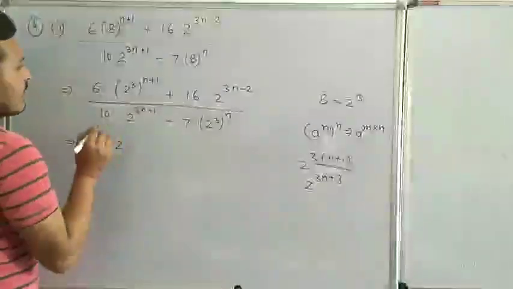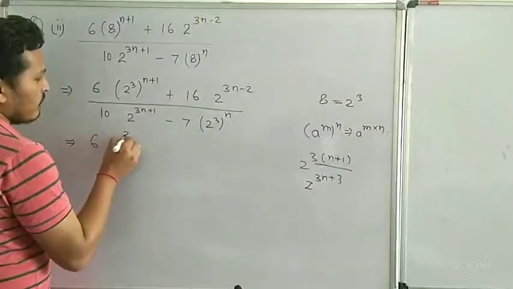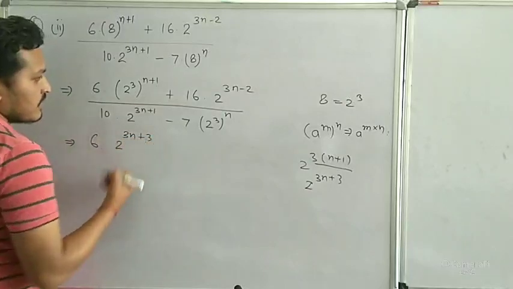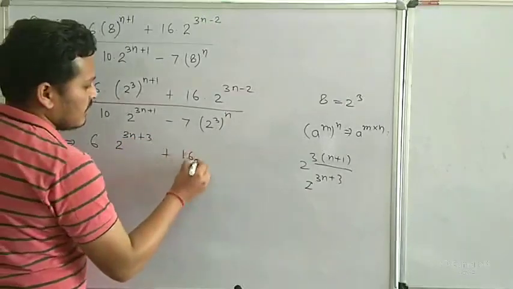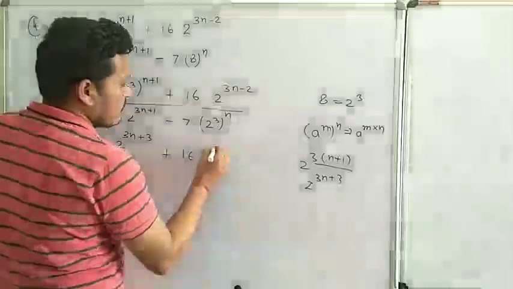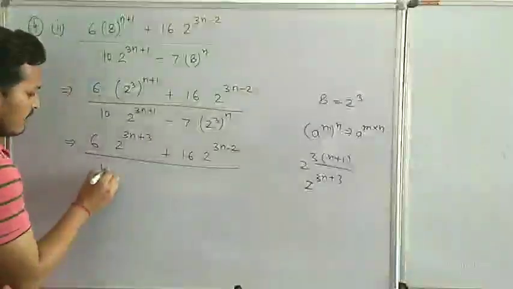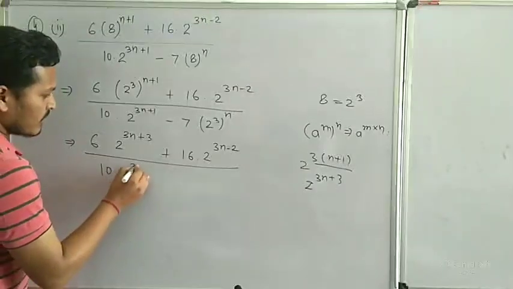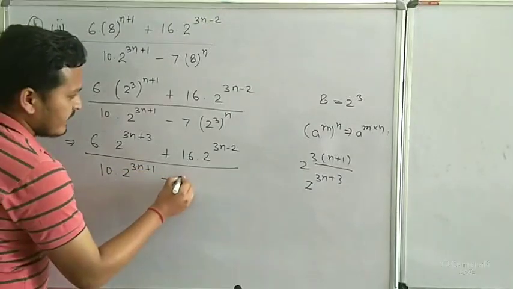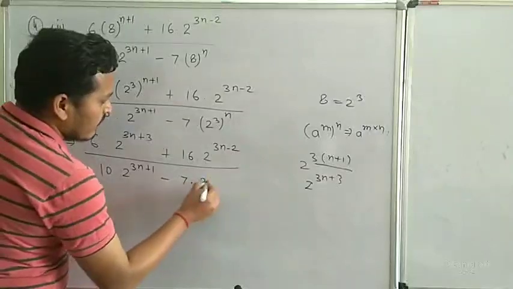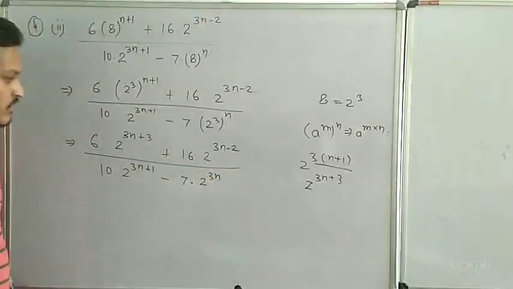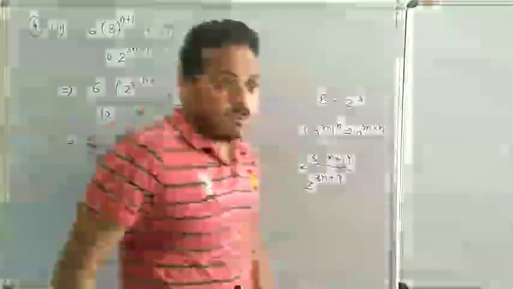So I am writing directly right here: 2 to the power 3n plus 3. Then plus 16 into 2 to the power 3n minus 2, upon 10 into 2 to the power 3n plus 1 minus 7 into 2 to the power 3 into n. Okay, I hope you understand this part.